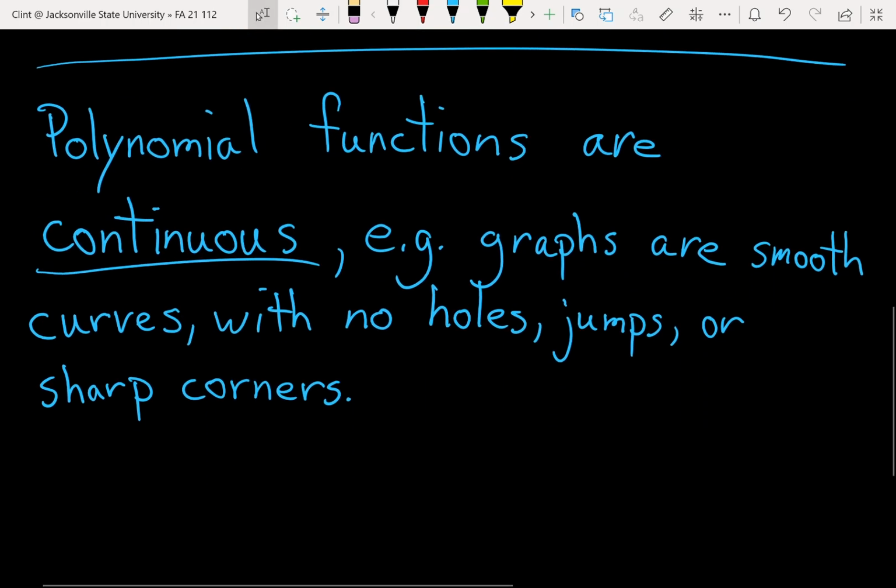And this idea of being continuous is developed a little more when you get into calculus. But for us, our definition is going to be good enough for us to just say it means it's smooth. We don't have any holes in the graph. We don't have any jumps. We don't have any sharp corners.